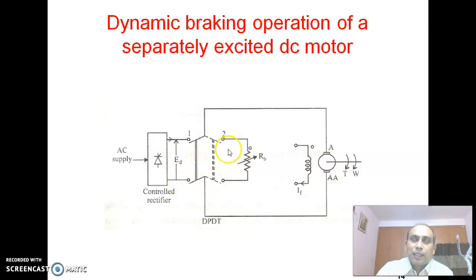Initially the DPDT switch, double pole double throw switch, will be at position 1.